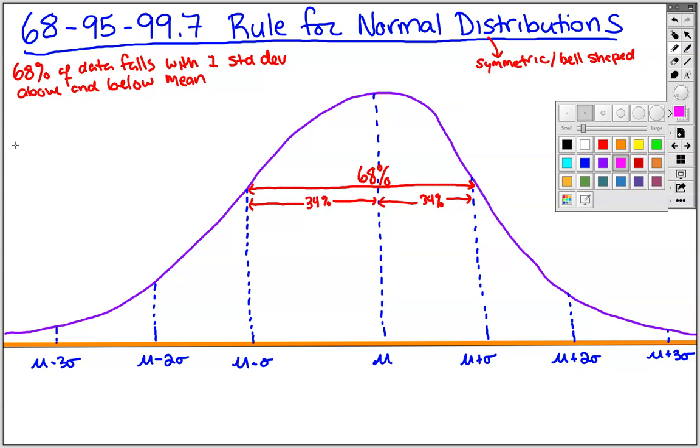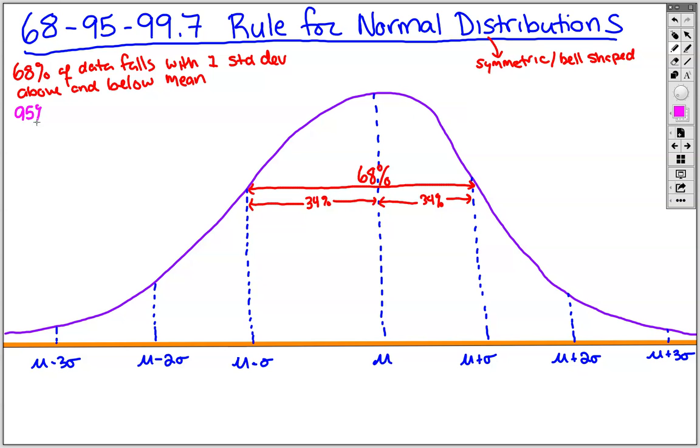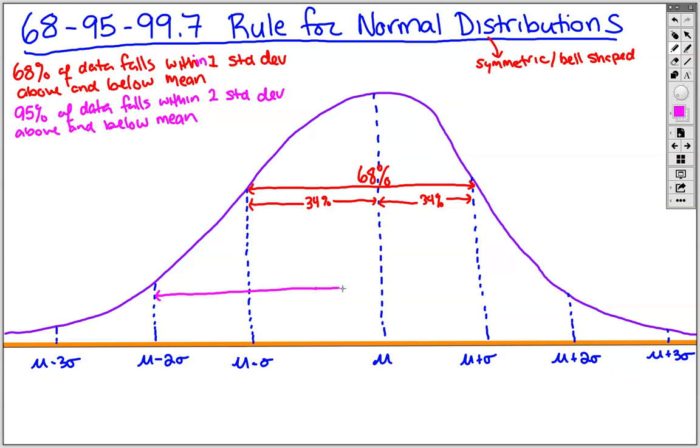Okay, second part of the rule. I'll do pink now. 95% of the data falls within 2 standard deviations above and below the mean.